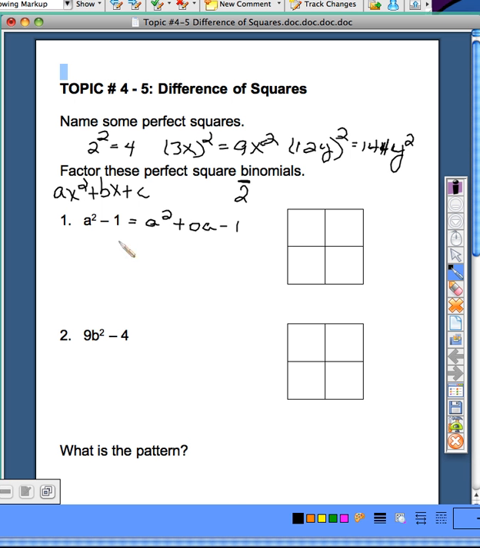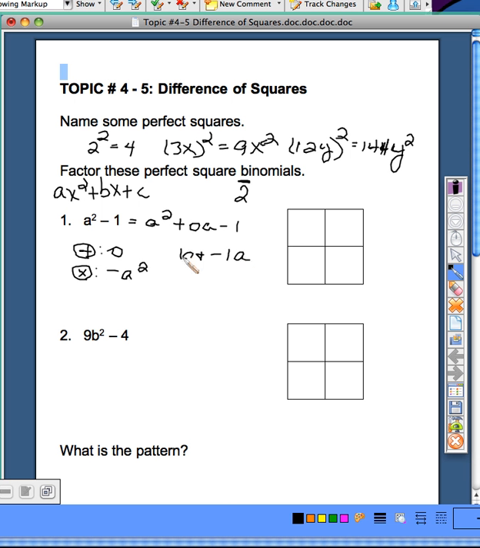But then we go back and we think just like we did before with our trinomials. I need something that's going to add up to be 0 and multiply to be negative 1a squared. Well, the only way we can get a factor of 1, and again we have 1 of each because this is negative, is plus 1 and minus 1.